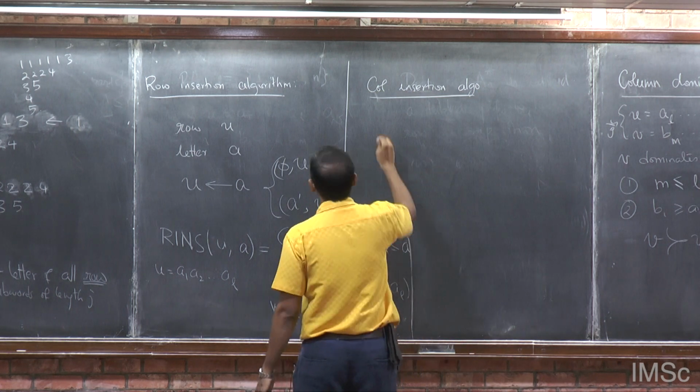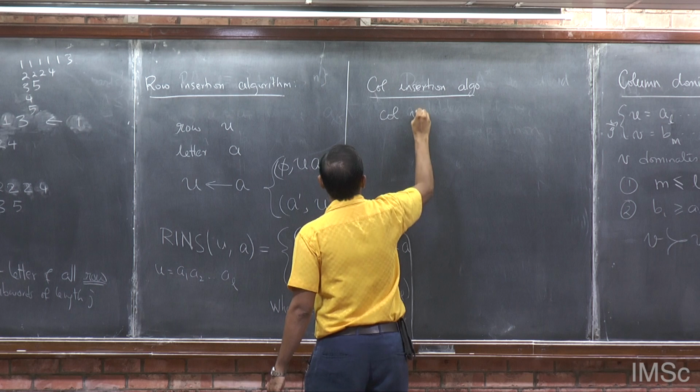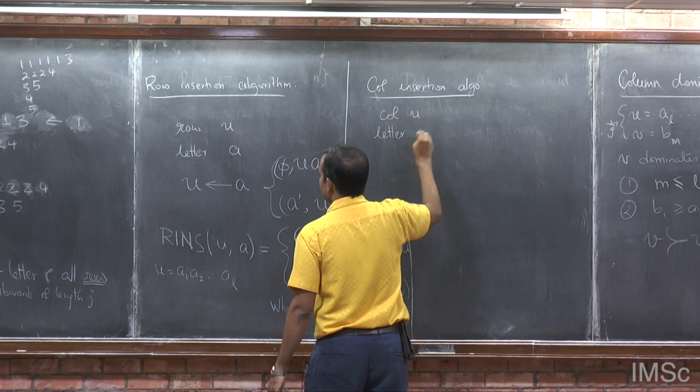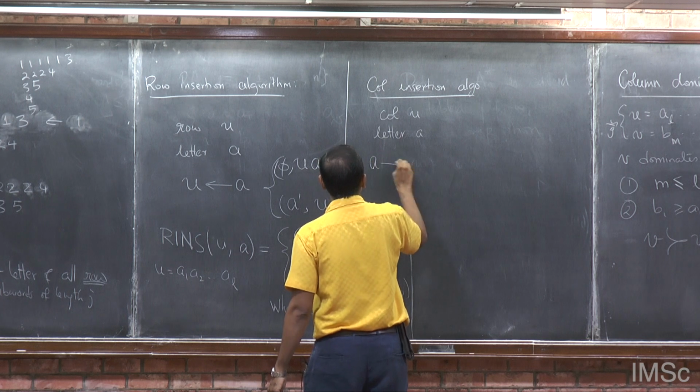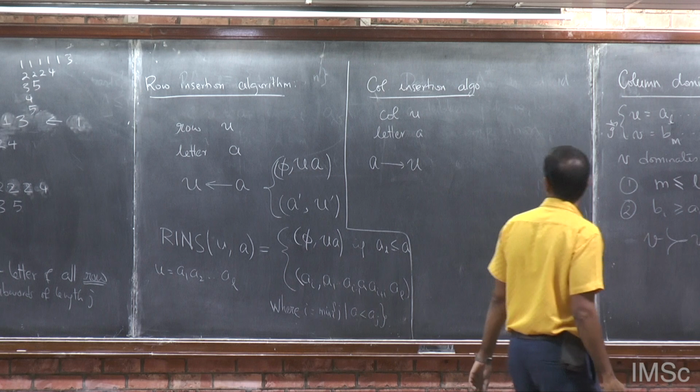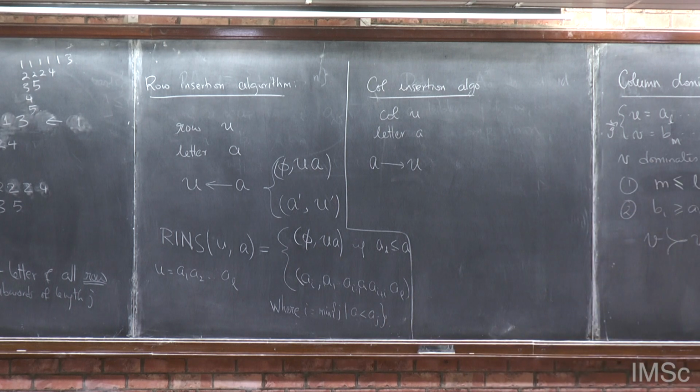So we have a column U, a letter A, and now column insertion is done like this. I get confused with this left and right and rows and columns, but yeah.